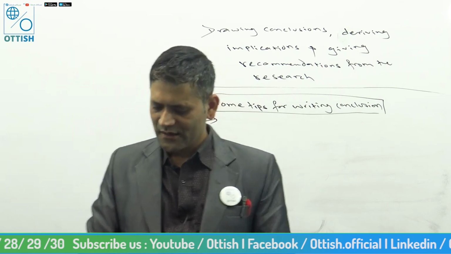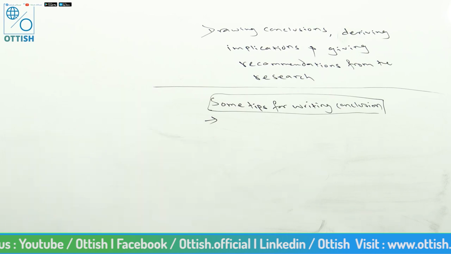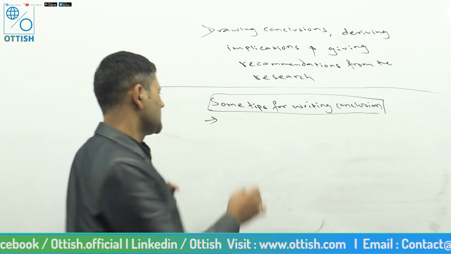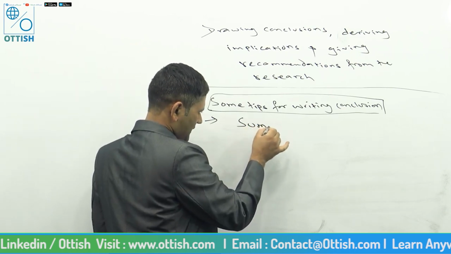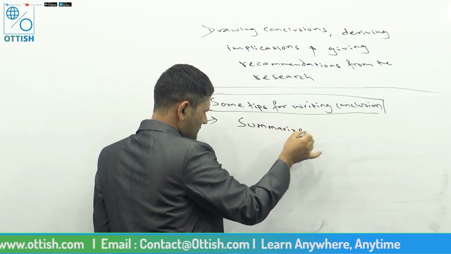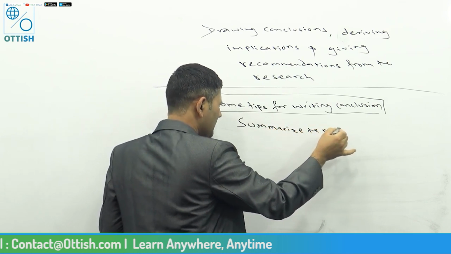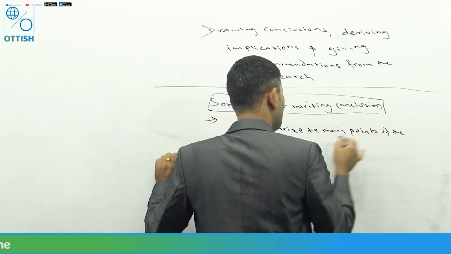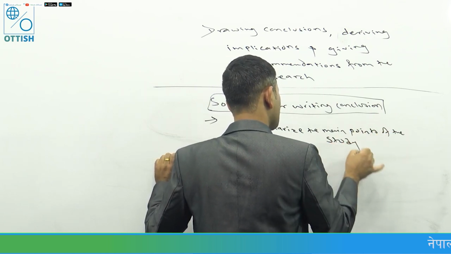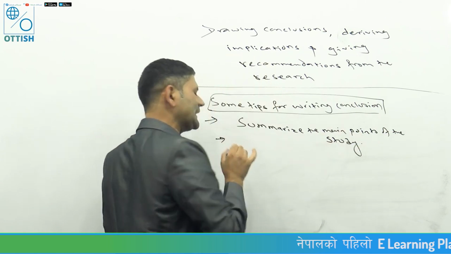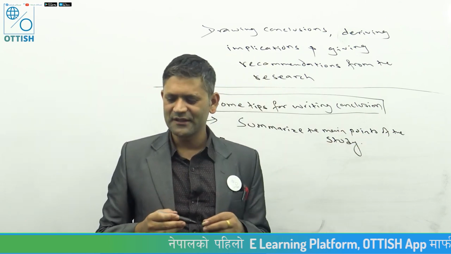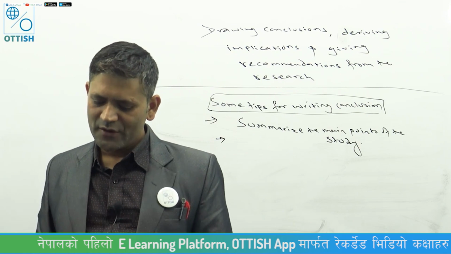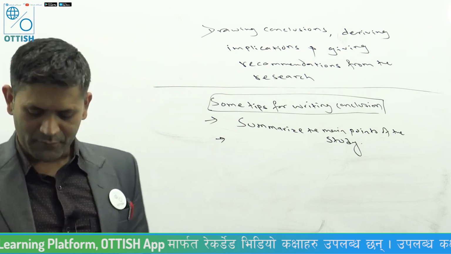While writing the conclusion, we need to summarize the main points of the study. We have to summarize the main points of the research in brief. Summarize means in brief, the economic way of presenting main points.